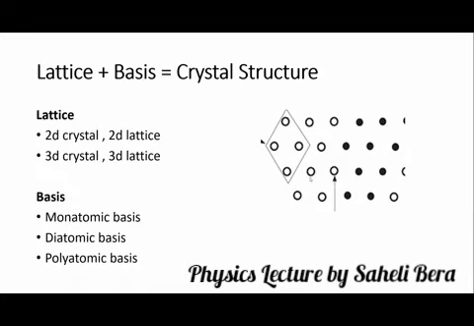Now if we consider this atom, it also has similar surroundings. So if the surroundings are identical, then it is called a Bravais lattice. If every lattice point has identical surroundings, only then it is called a Bravais lattice. And in every crystal structure we will study, the lattice is a Bravais lattice.